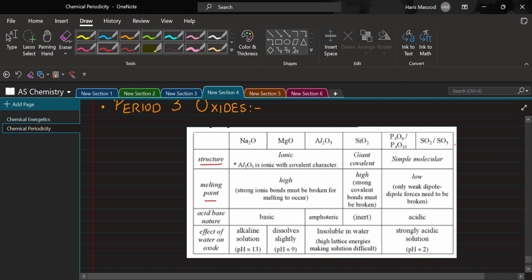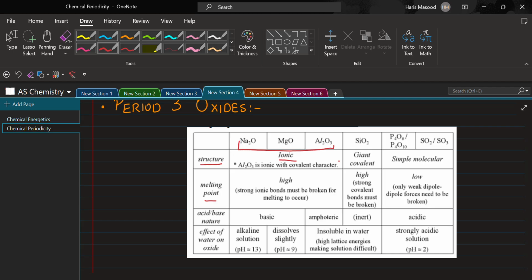So we have all these oxides, and these three will be ionic, okay, because there is a metal and a non-metal. And Al2O3 is ionic with covalent character, which means that it has some of the covalent properties as well. And SiO2 is giant covalent. These are covalent but simple molecular.